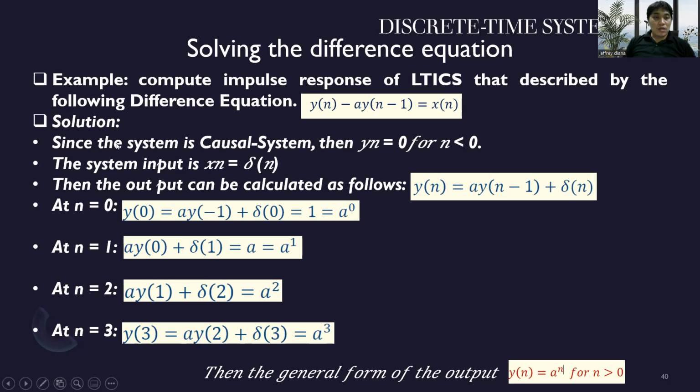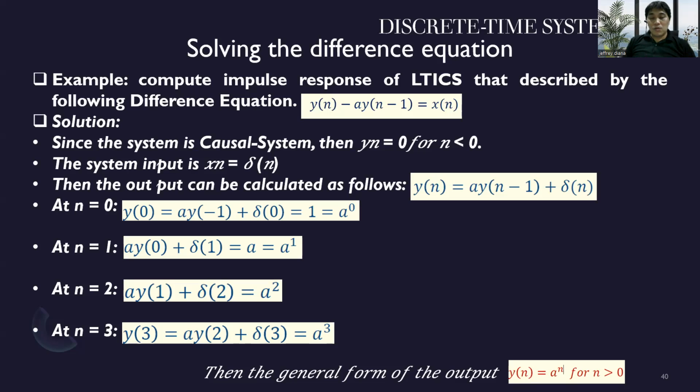For the solution, since the system is causal, y(n) equals 0 for n less than 0. Then the system input is x(n) equals delta(n).